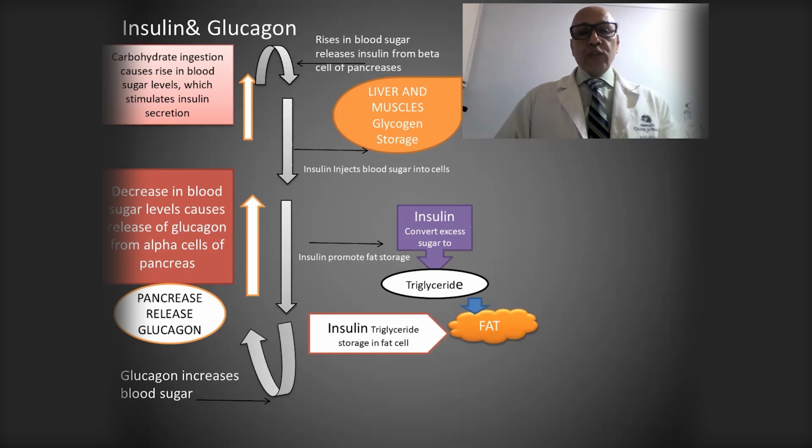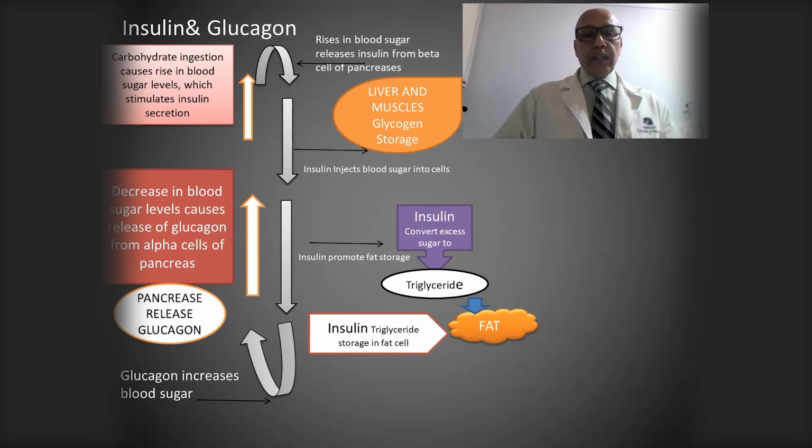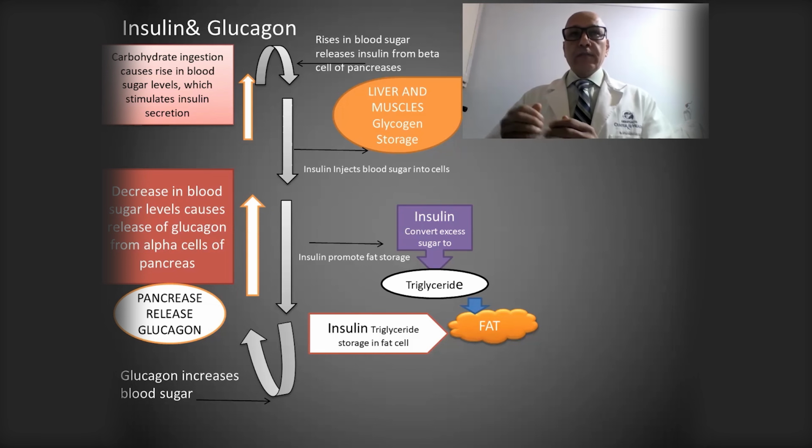When blood sugar is low, it sends a message, and glucagon is released by the alpha cells of the pancreas. When it does, the pancreas releases the glucagon, and the glucagon increases the blood sugar.